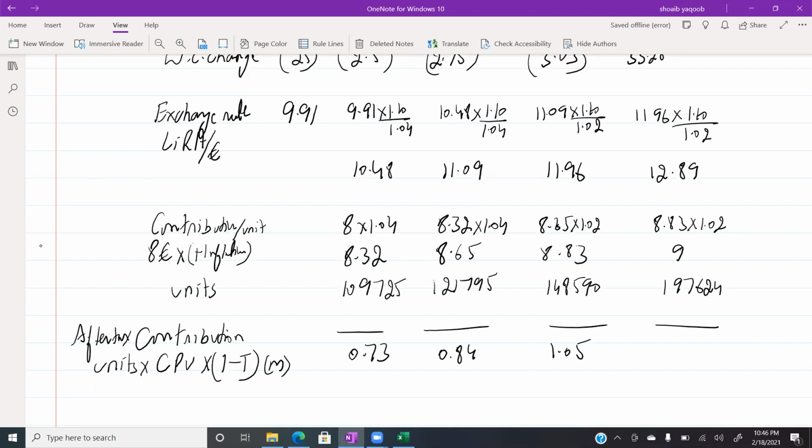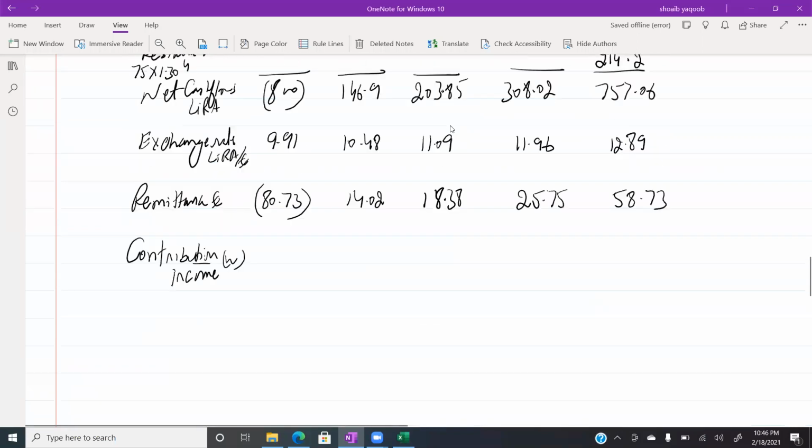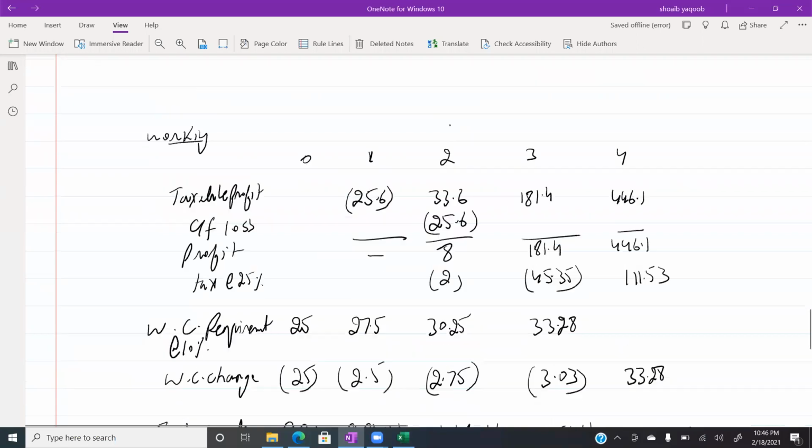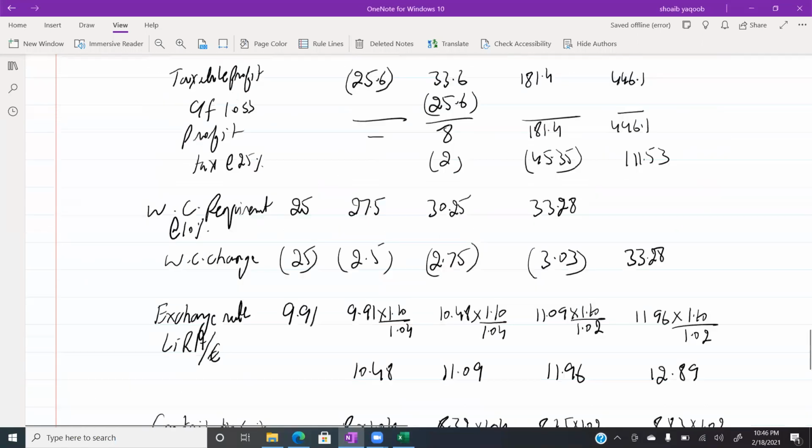Please cross check all the figures. I have deducted the tax. 1.42. So 0.73, 0.84, 1.05, 1.42.